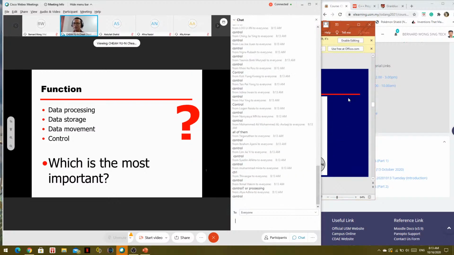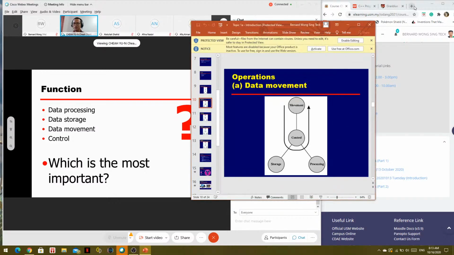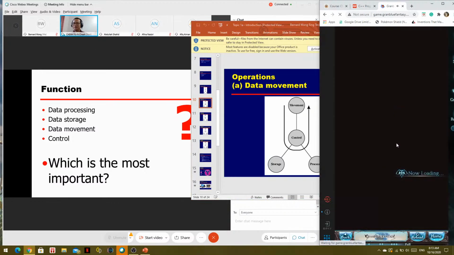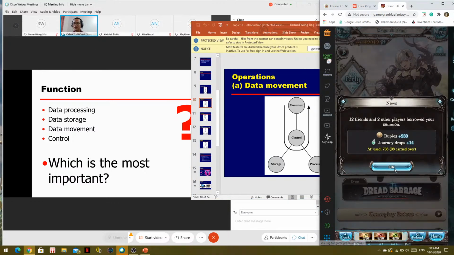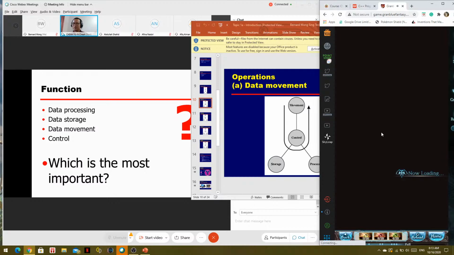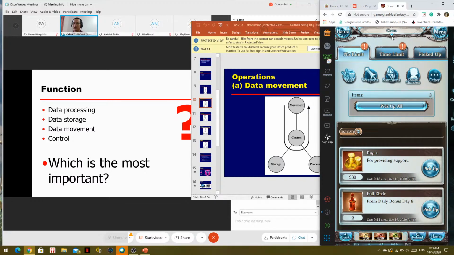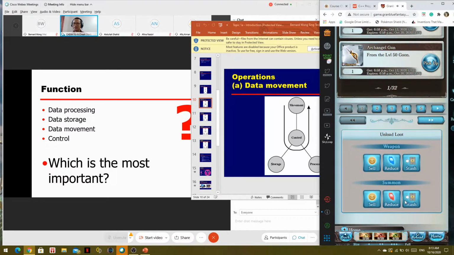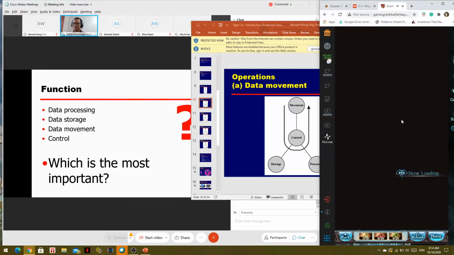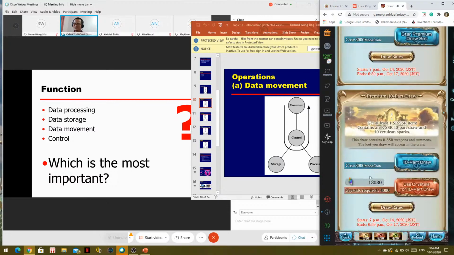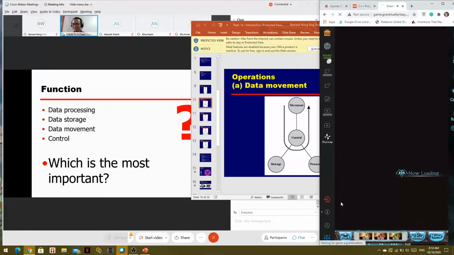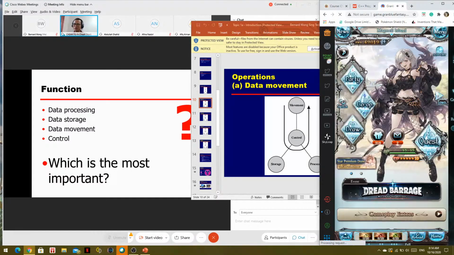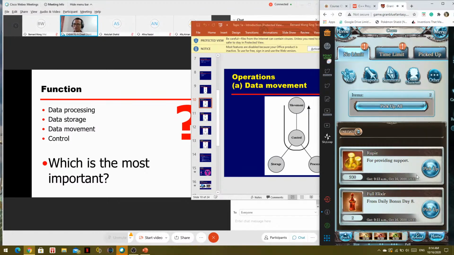Let me see from the top of the list. Control, all of them. Control, processing, control, all of them. Control. Okay, quite a number. Majority says control, all of them.